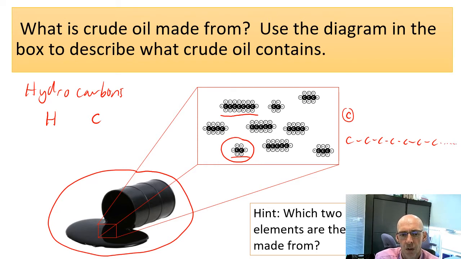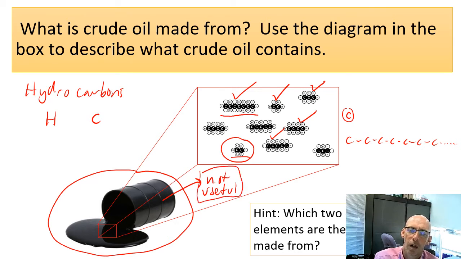So actually, crude oil itself, we say that crude oil is not useful. Yes, it contains this really useful chemical, and yes, it contains loads of useful chemicals, but the problem is it's all mixed in together in crude oil.